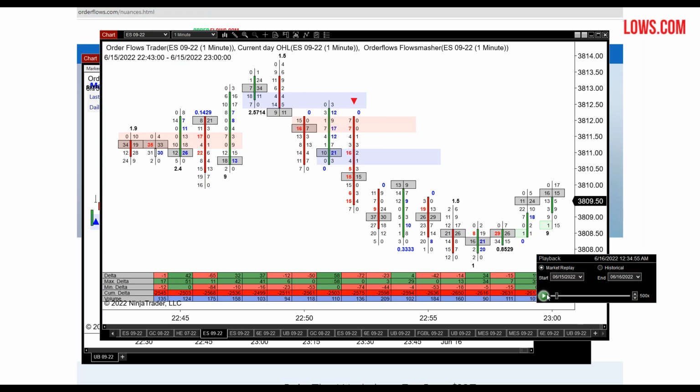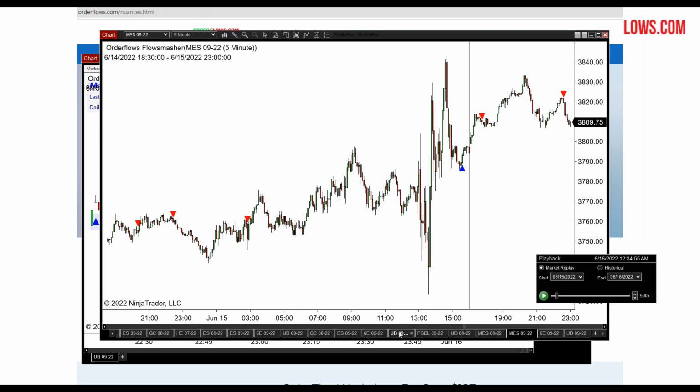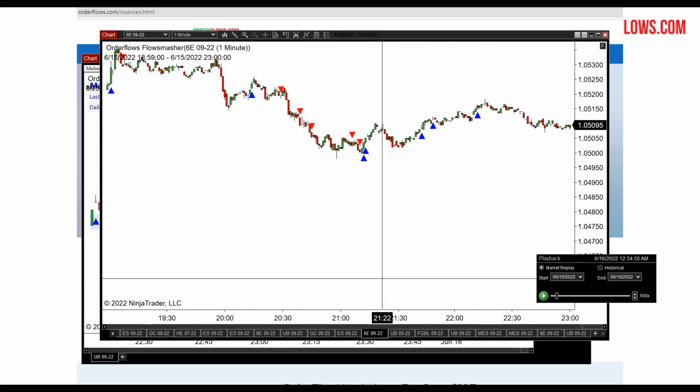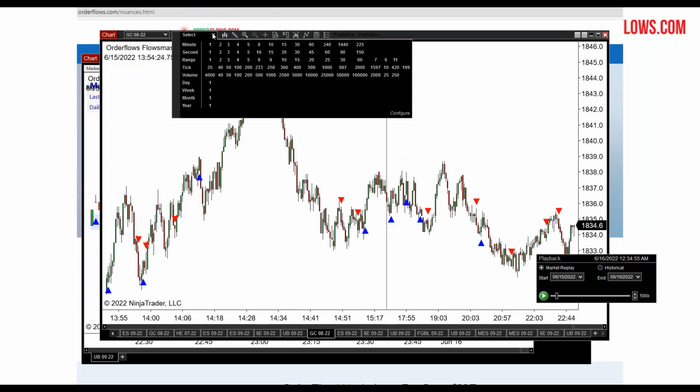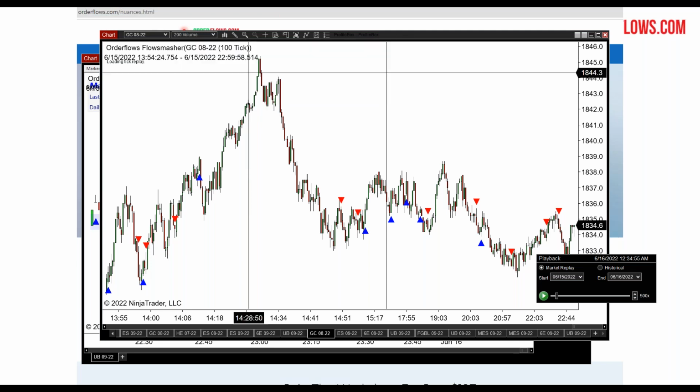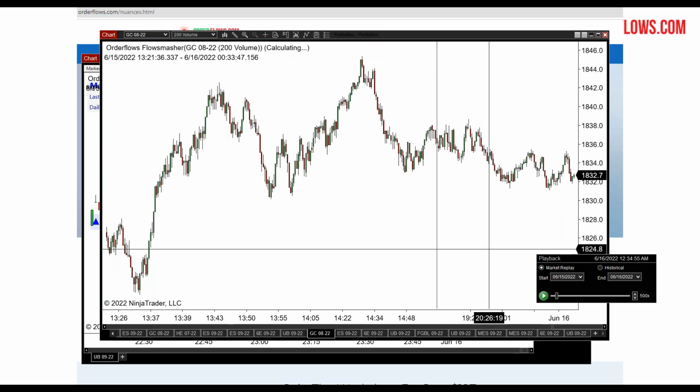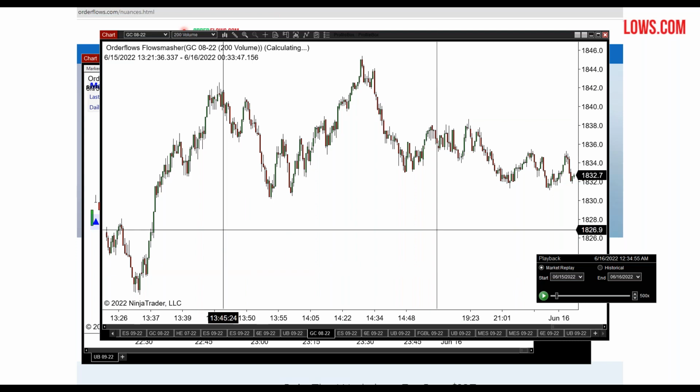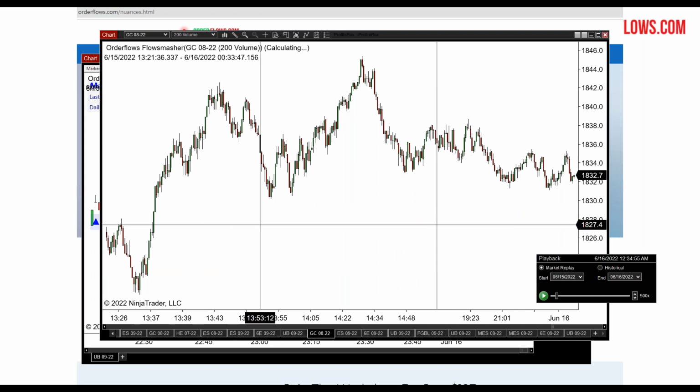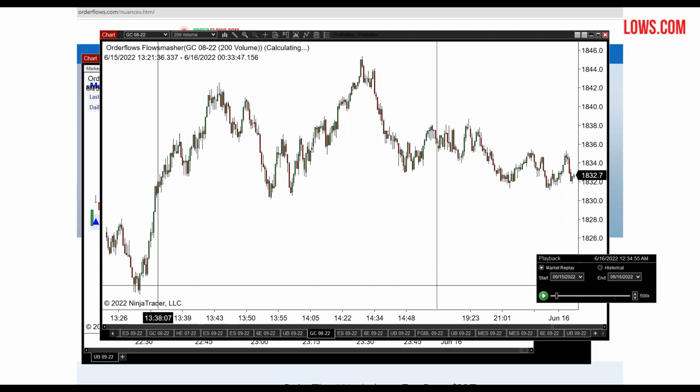Let me go back to gold, tick chart. Let's see if I can change it to a volume chart. If I change it to a volume chart, the same thing. I would start with the same settings and go from there.